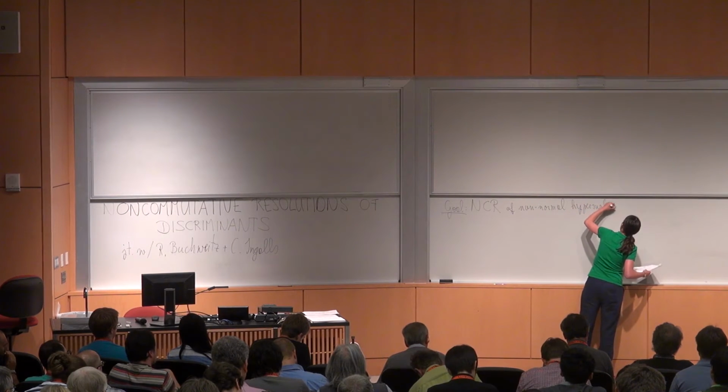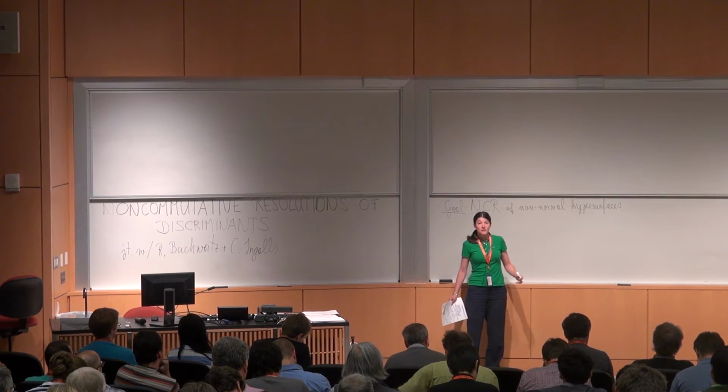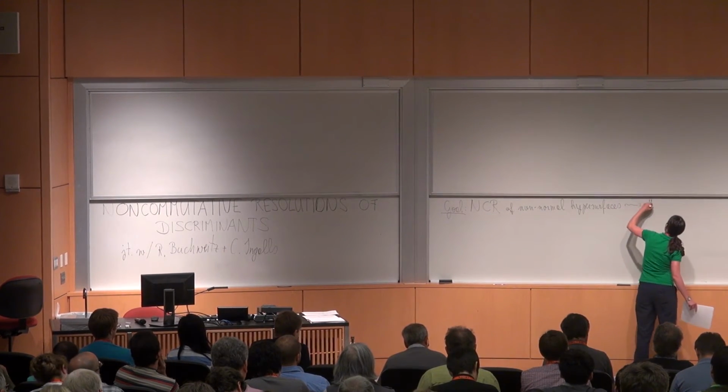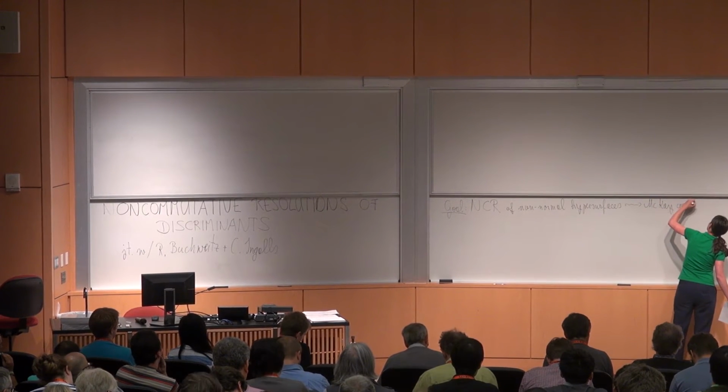And somehow we ended up considering these discriminants, and this leads to some kind of McKay correspondence for reflection groups.